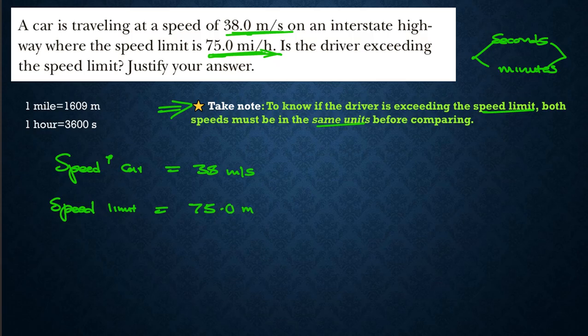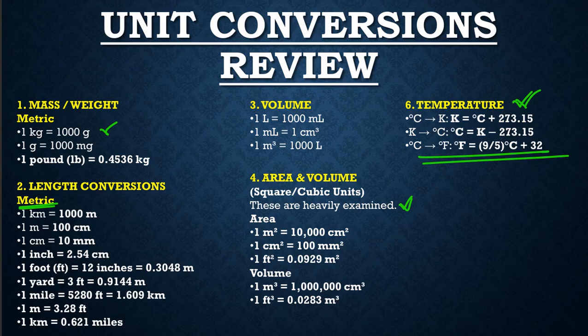Miles per hour. So what we are going to do, guys, is convert this speed into meters per second. I already gave that 1 mile is equal to 1609 meters. That's why I'm saying you need to know this, because without knowing this, it's going to be very difficult for you to answer this question.